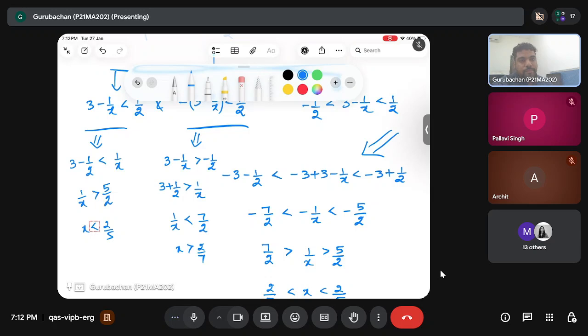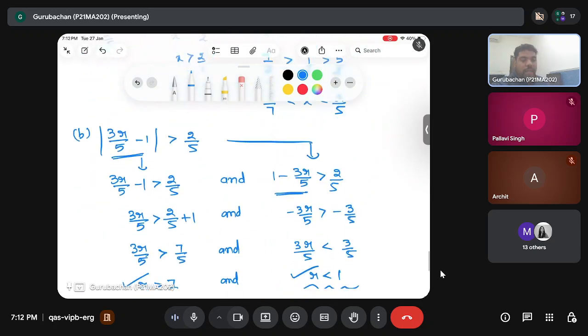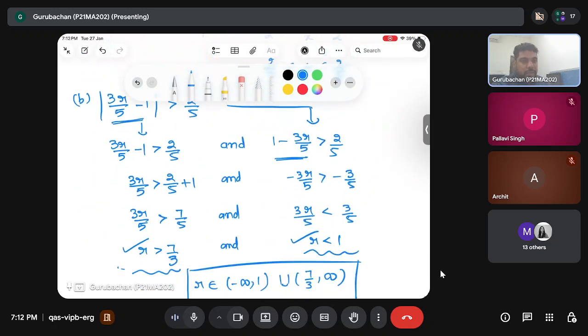Okay, so again I am saying here and doesn't mean intersection of intervals. It means it can follow this case or it can follow this other case.